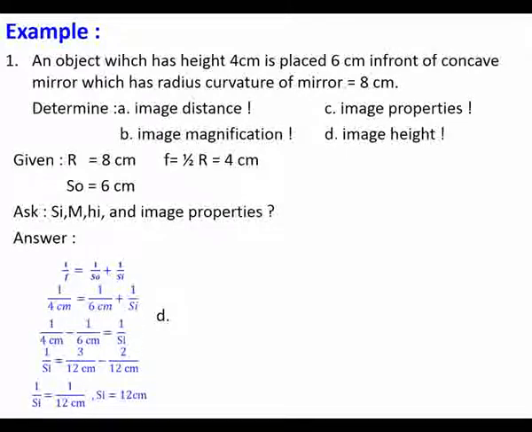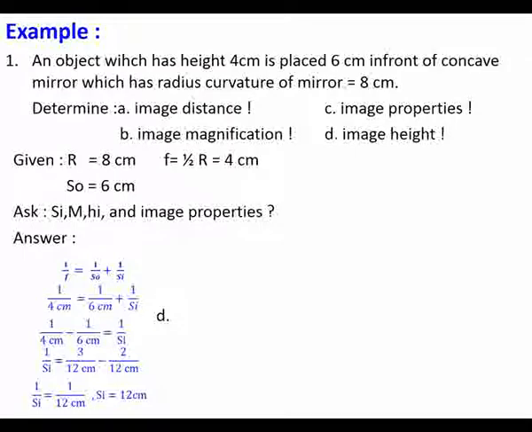Now we will answer question A, image distance SI, because the problem gives us information F and SO. So using the formula 1 per F equals 1 per SO plus 1 per SI, 1 per 4 centimeters equals 1 per 6 centimeters plus 1 per SI.